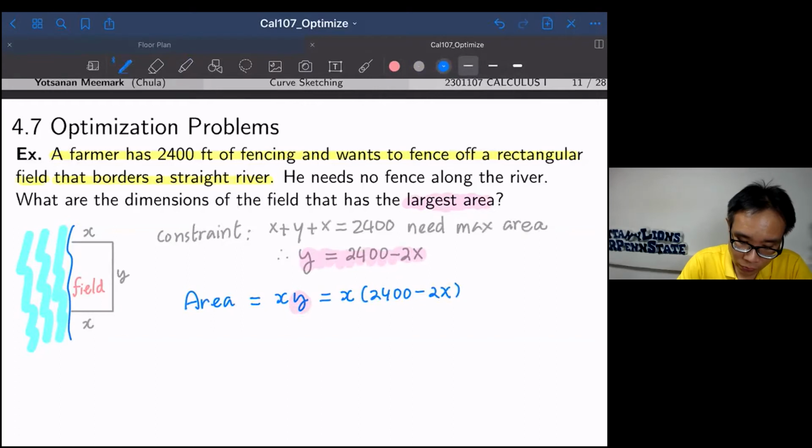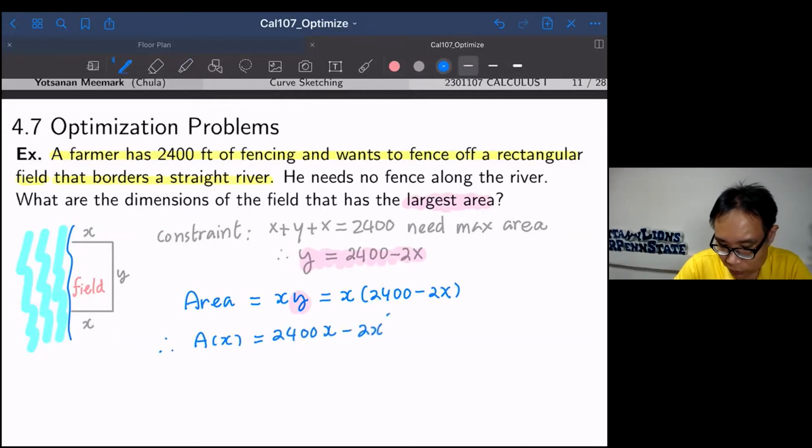Okay, so you're going to have the function A equal to 2,400x minus 2x squared, and you have 0 less than x less than 2,400, because that will be the length of the y that you have for fencing in this case.